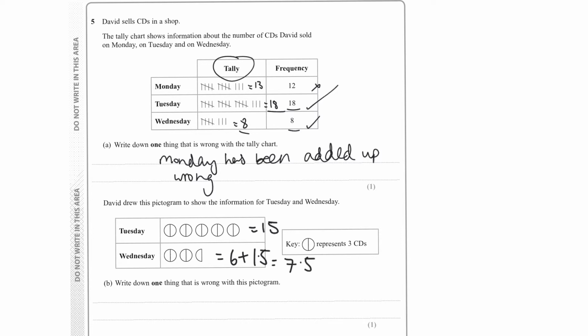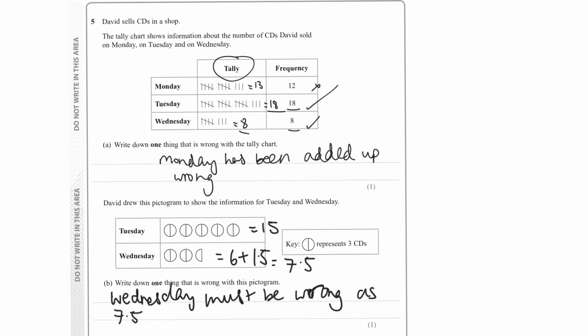It wants us to write down something that's wrong with this. Well, Tuesday seems fine because it's a whole number. However, if we look at Wednesday, it says that 7.5 CDs are sold, whereas you can't sell half a CD. So Wednesday must be wrong. Ignore the messy handwriting.